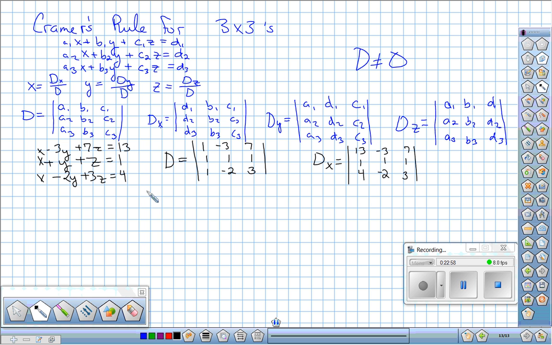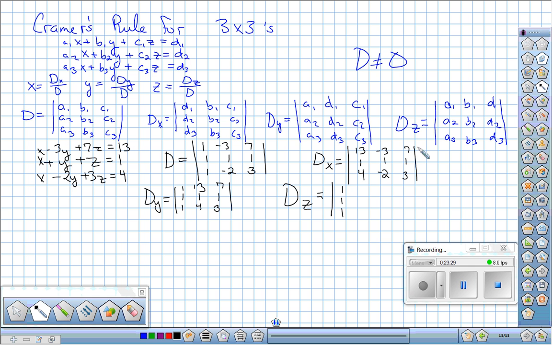And then I have my Dy. My Dy has A's in my column, so my A is 1, 1, 1. My D's is 13, 1, 4. My C column is 7, 1, 3. My Dz is equal to my A, B, D's, so A's are my 1, 1, 1.